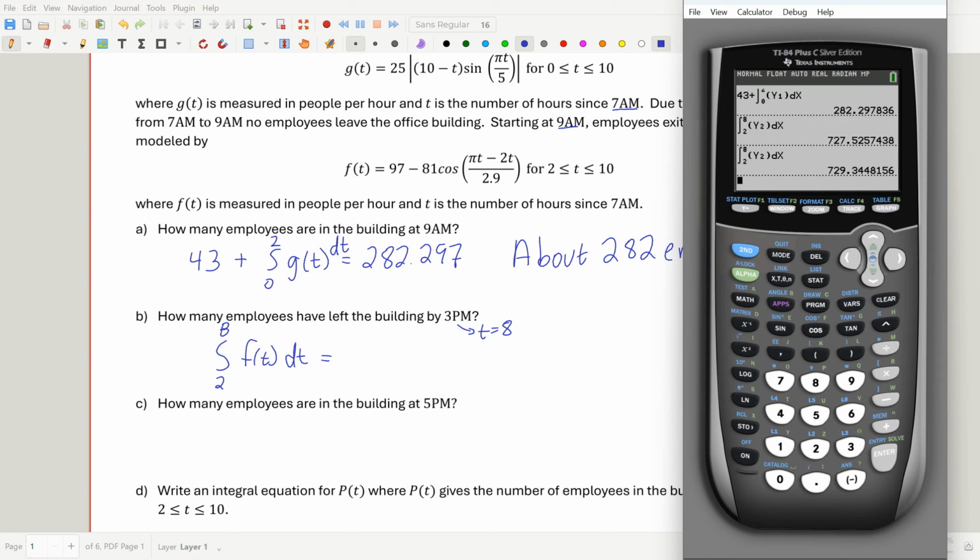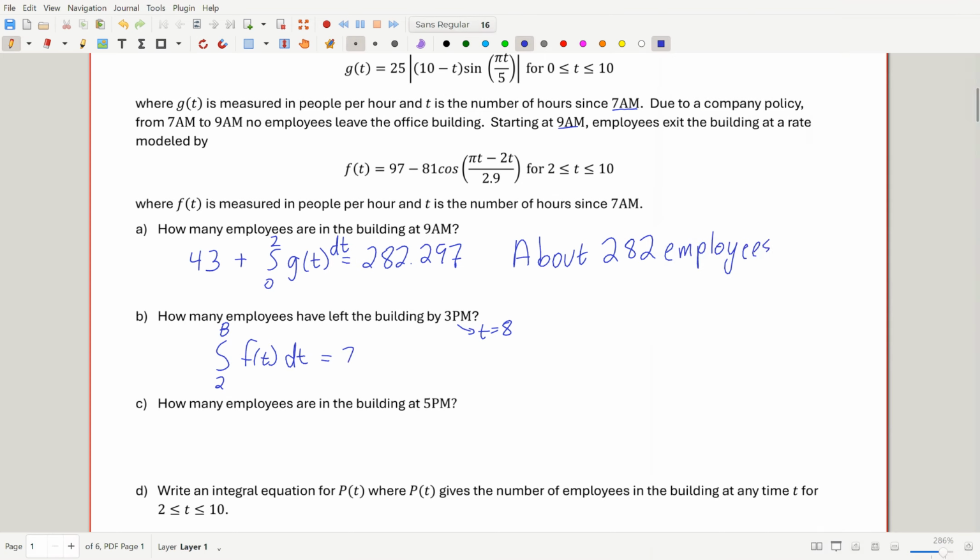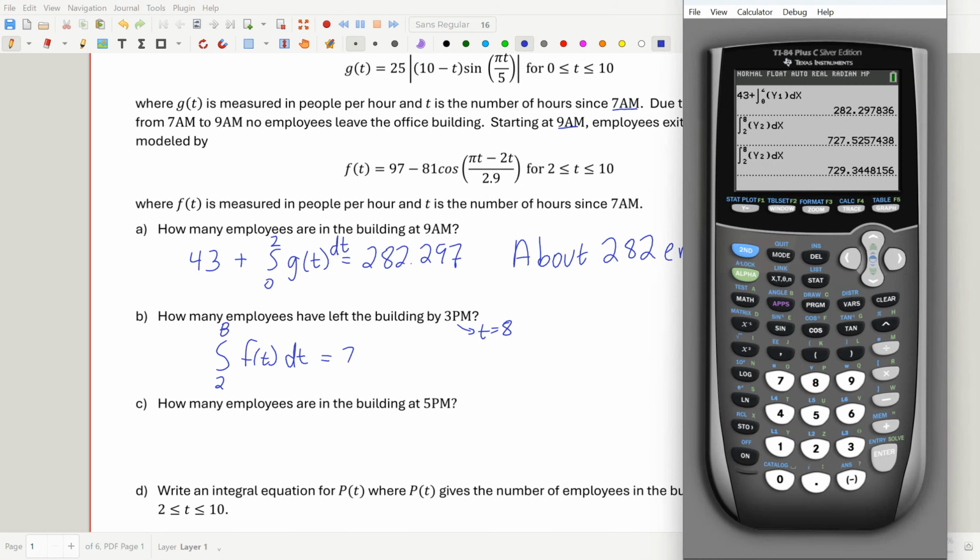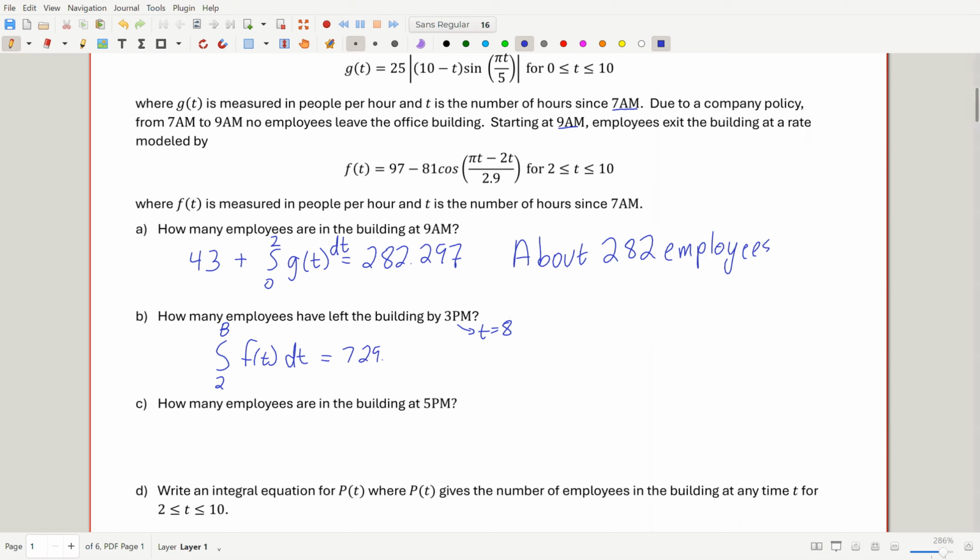Yeah, it's a big skyscraper with different businesses. There's less than 150 teachers in the building, but then custodians, things like that. I picture a large building, a big complex. Anyway, so we got 729.345.